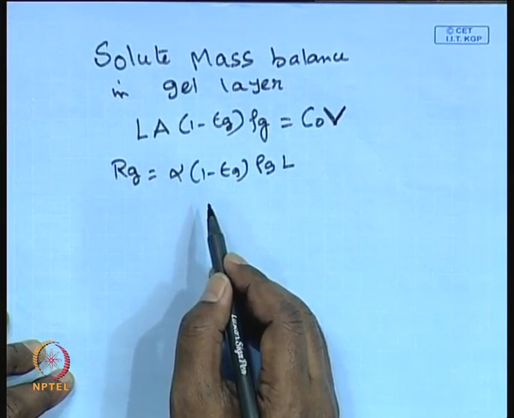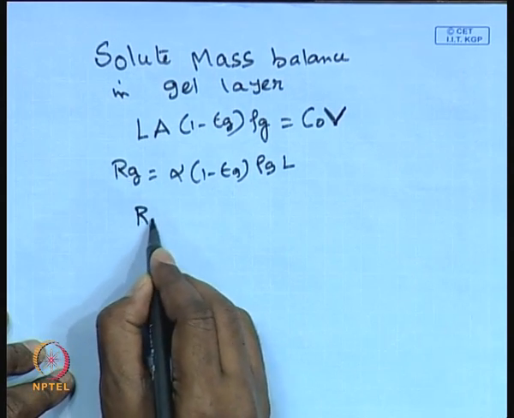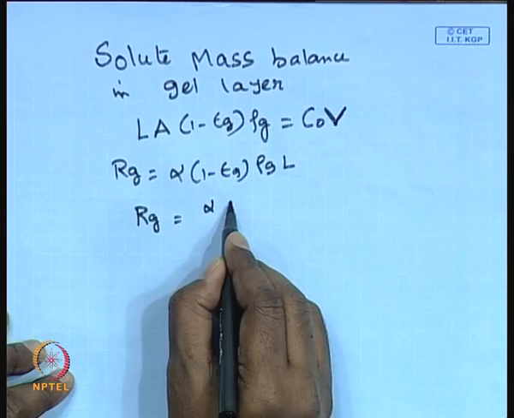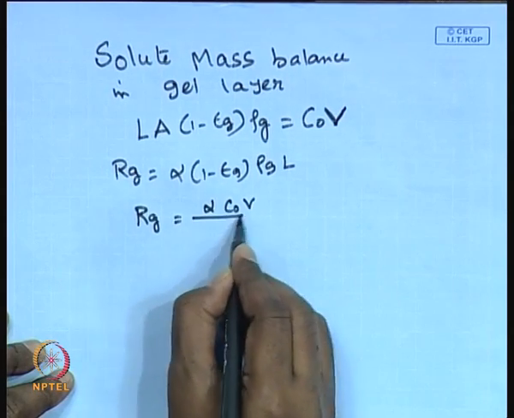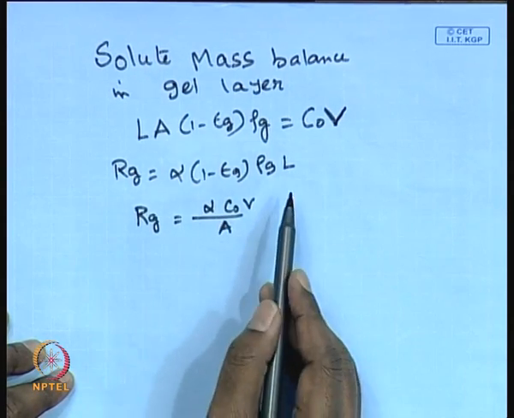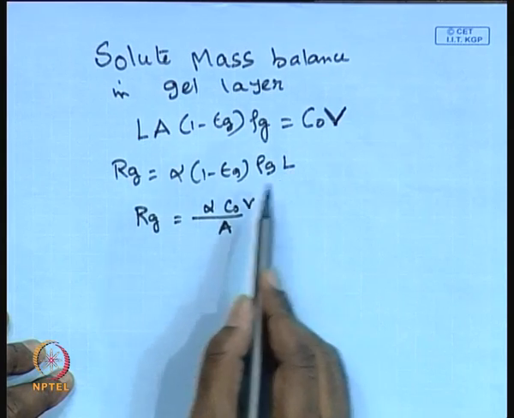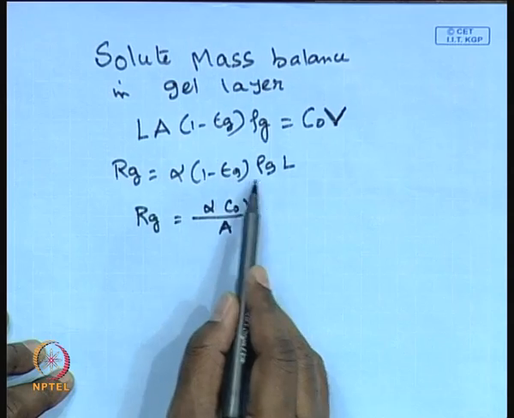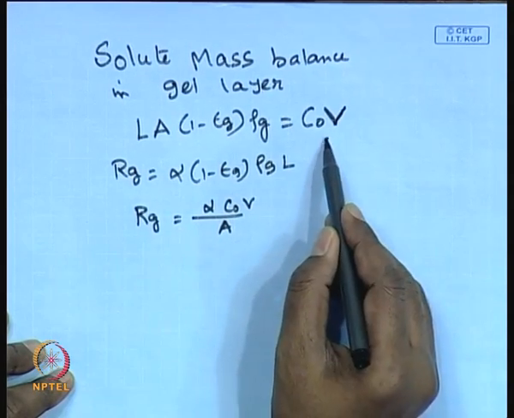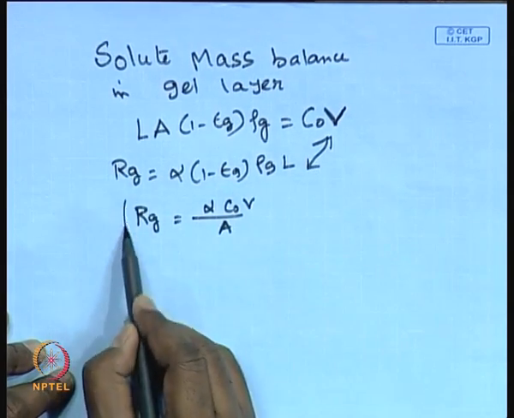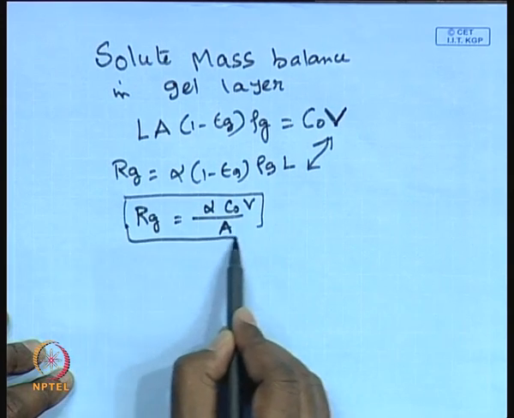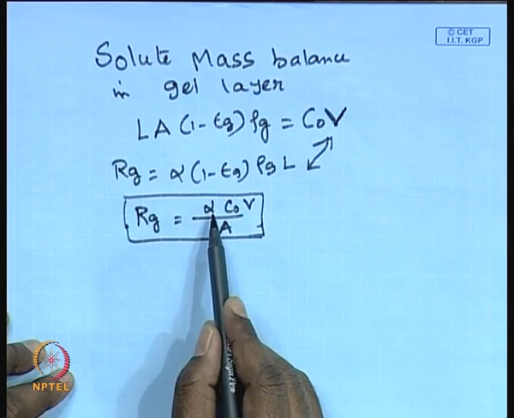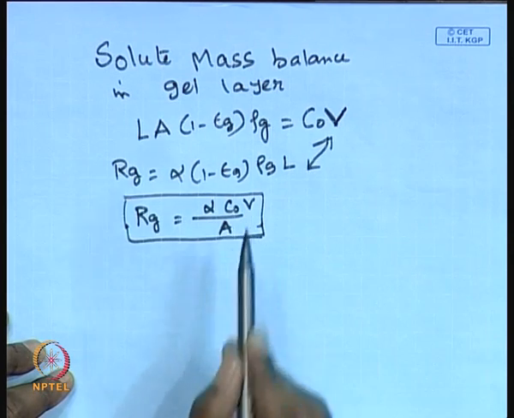So, I can write Rg is nothing but alpha times C naught times V over A. So, this L can be substituted as Rg divided by alpha (1 minus epsilon g) rho g. So, combining these two, we can get Rg, or gel layer resistance, as a function of specific gel layer resistance and cumulative volume.